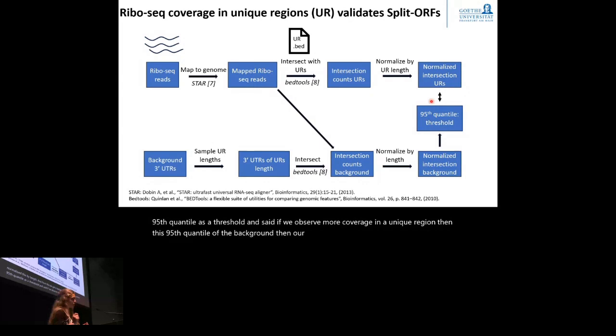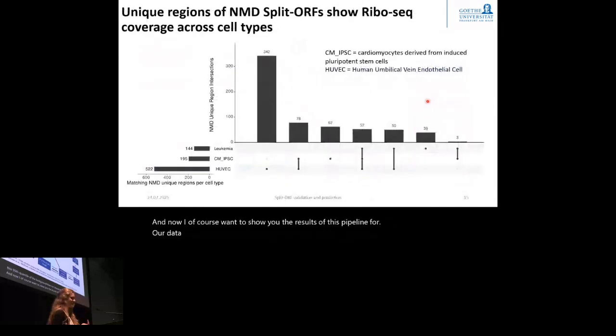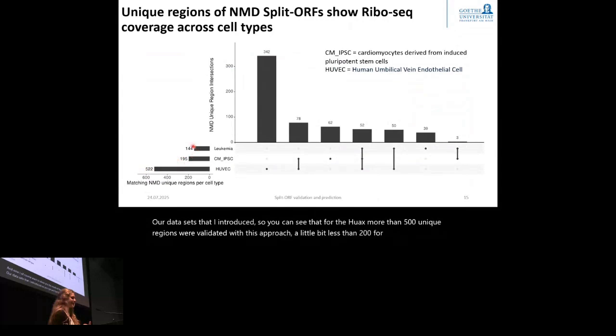validated. And now I, of course, want to show you the results of this pipeline for our data sets that I introduced. So you can see that for the HUVECs, more than 500 unique regions were validated with this approach, a little bit less than 200 for the cardiomyocytes, and 144 for the leukemia cells. And some of the unique regions are only validated in one cell type, while others are validated across cell types.